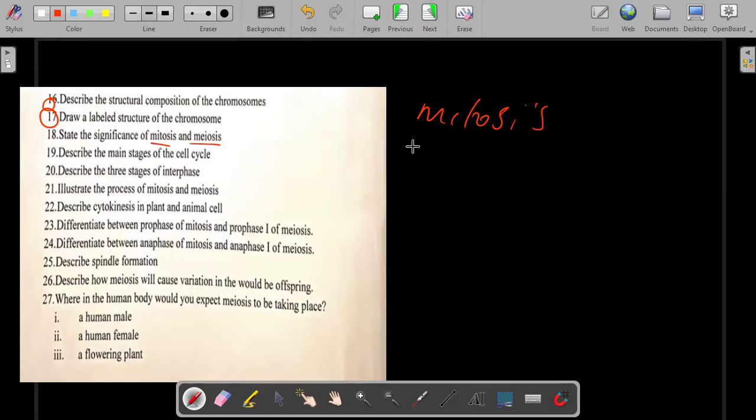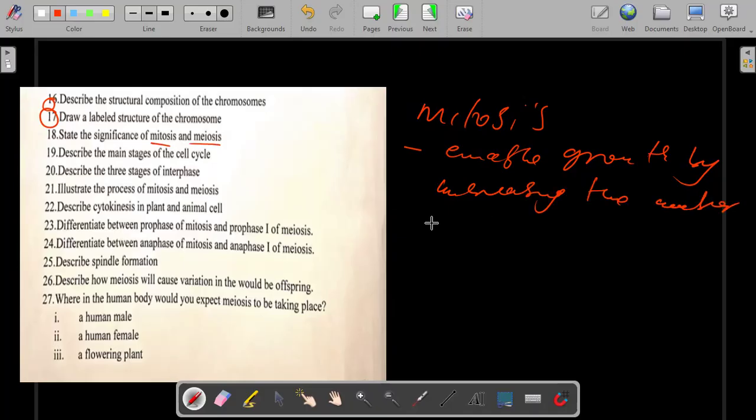One of the importance is to enable growth by increasing the number of cells in an organism. That's one of the functions, the significance of mitosis there.